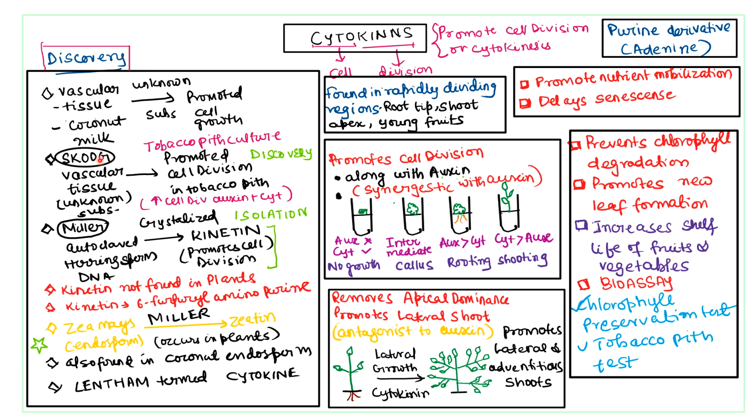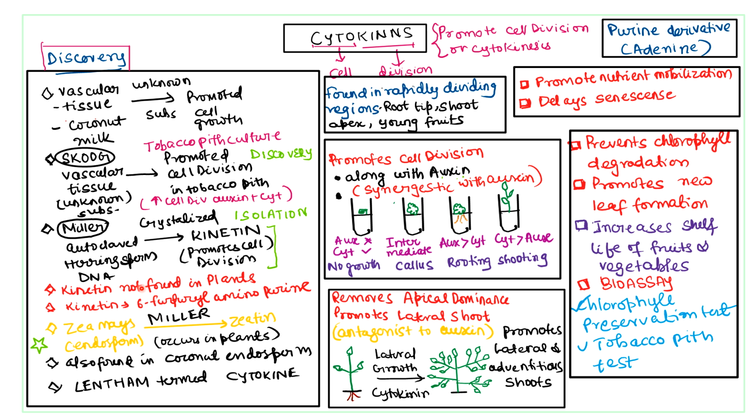So Skoog discovered cytokinins in tobacco pith culture, and Miller isolated the first cytokinin from herring sperm DNA, which was named kinetin. But it is important to note that kinetin is not found in plants. It causes a similar effect in plants as the natural cytokinins.